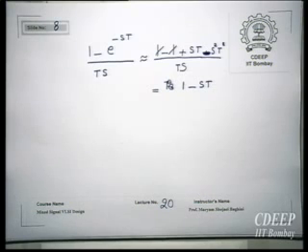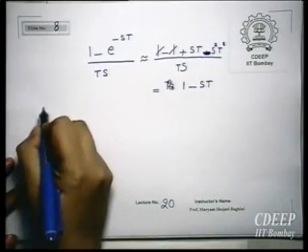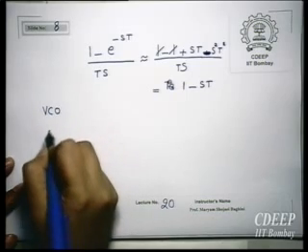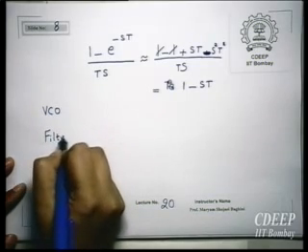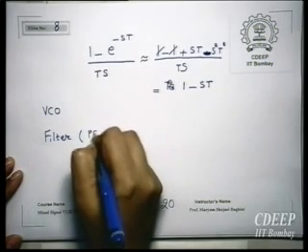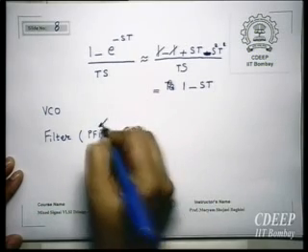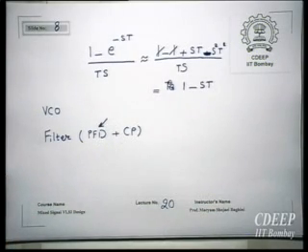So therefore, if I want to design, see, first of all, one is VCO, one is filter, right? These two, the filter actually means the entire thing, that is the phase frequency detector plus charge pump. This is of course straightforward, but we are talking about the charge pump and VCO.